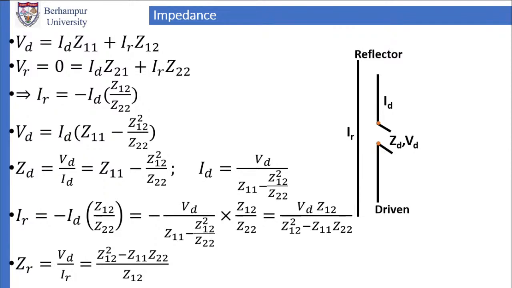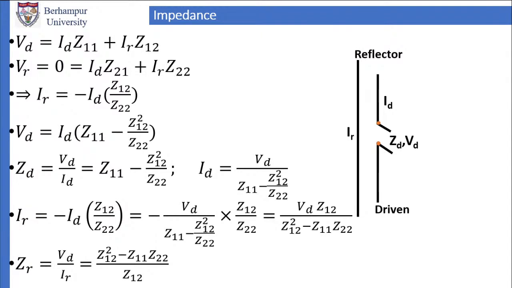Therefore, Vd, the voltage on the dipole, is equal to Id into Z11, where Id is the current on the driven element and Z11 is the self impedance of the driven element, plus IR into Z12, where IR is the current on the reflector and Z12 is the mutual impedance seen at the input point due to the reflector.